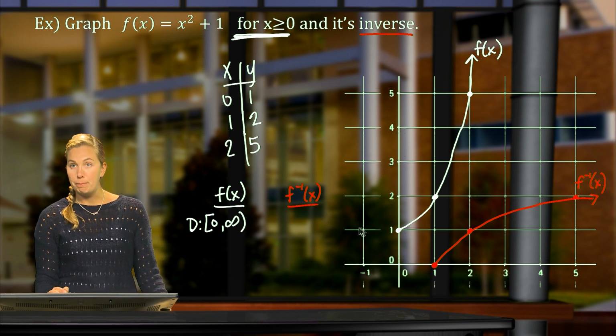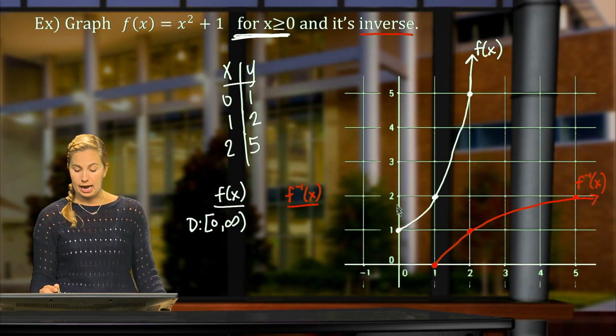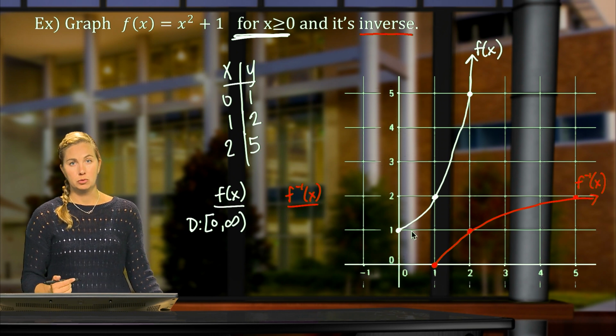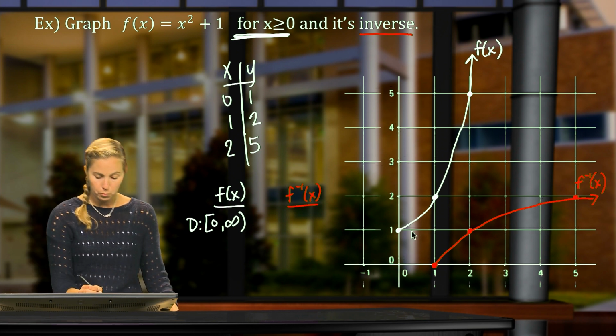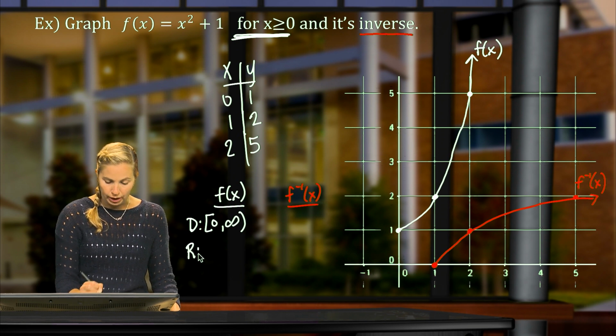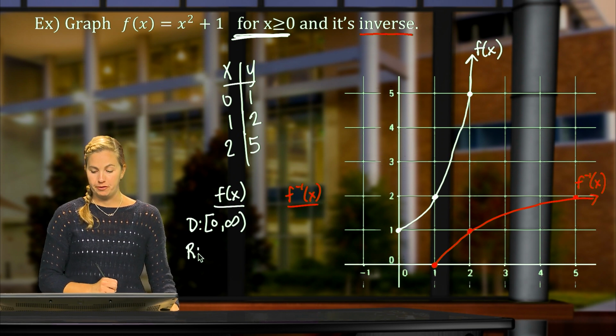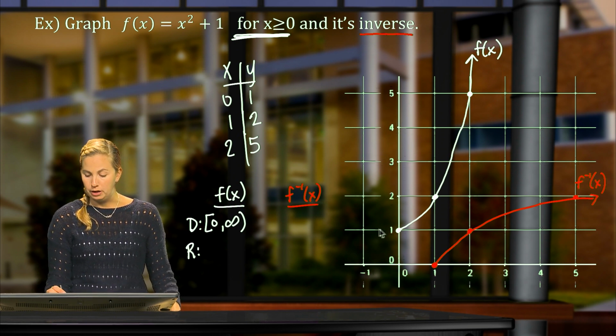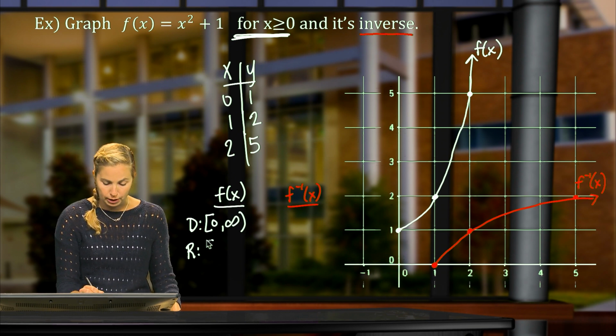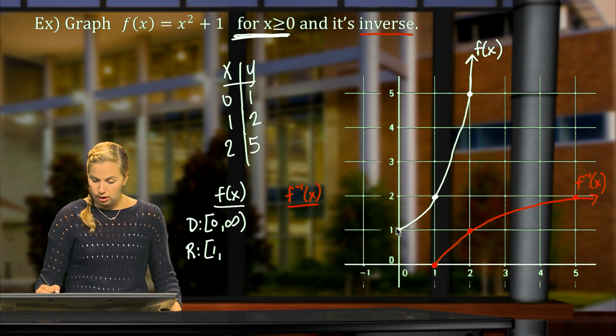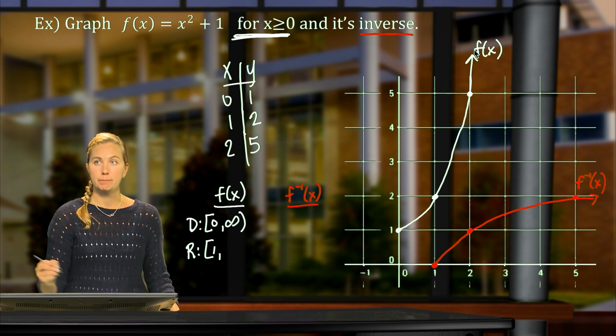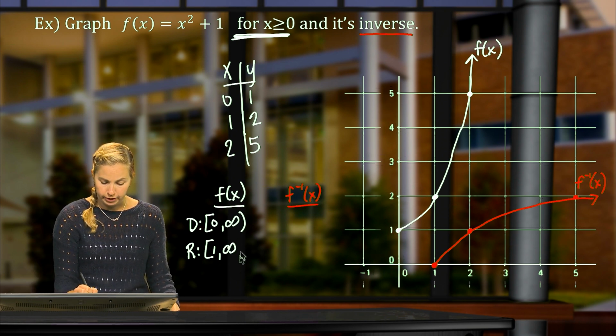Again, thinking about bounding this graph, I can bound it on the left-hand side, but I can't bound it on the right because it will go on forever. What is the range of my function f of x? Well, I'm bounding from the bottom of this graph, which is at 1, so my range begins at 1, and again is going to go all the way up to positive infinity.